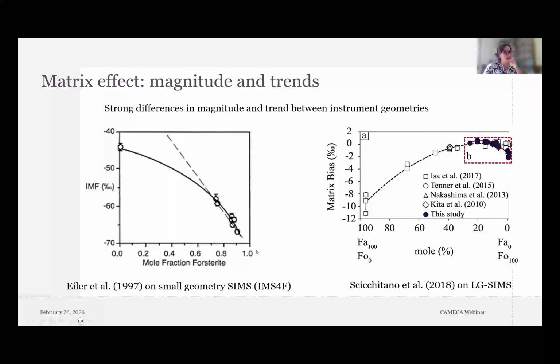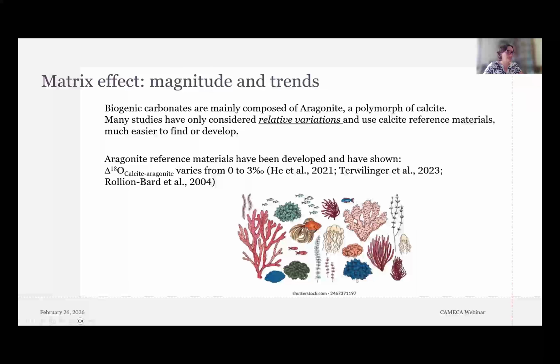For example, here, this is the matrix effect as a function of the magnesium content of pyroxene, and we see that it's quite important in magnitude at high magnesium content, whereas it's actually not really the case for large geometry SIMS. So we have to be cautious when we look through the literature for this type of information.